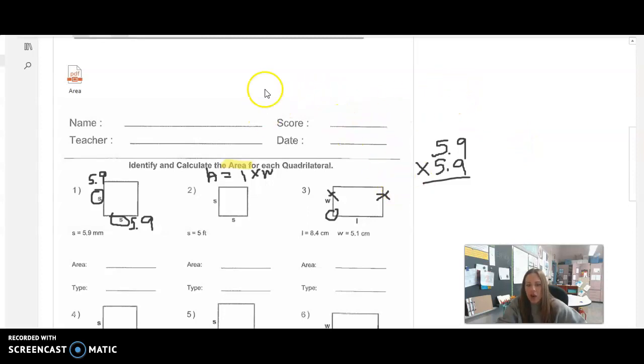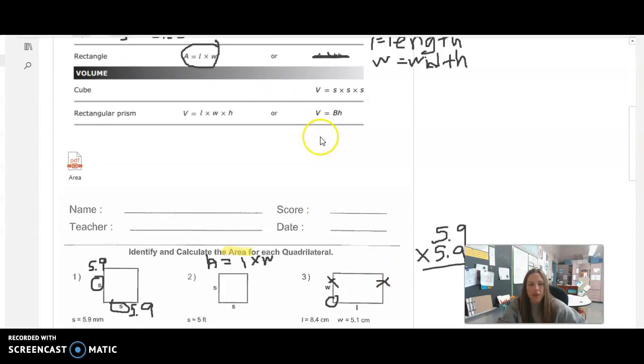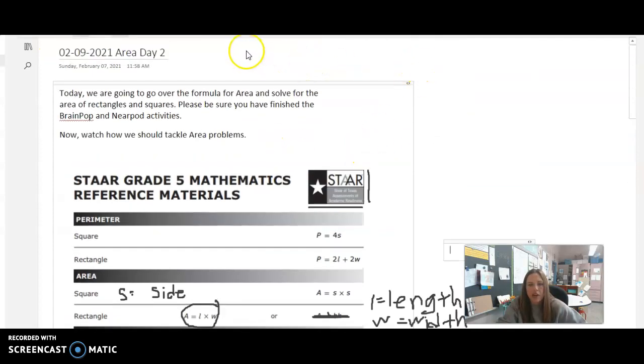As we know, I want you to think of an array. So I'm just going to erase this. Area kind of sounds like array, doesn't it? Area, array. When you were in 3rd grade, you started to learn multiplication by creating arrays.